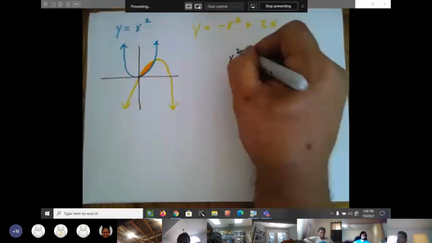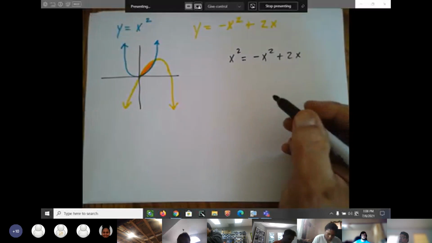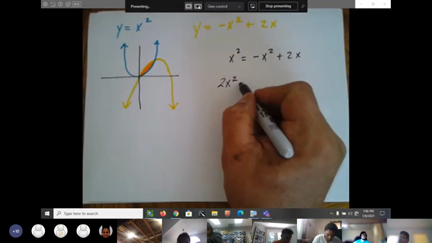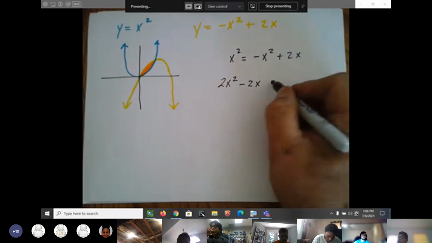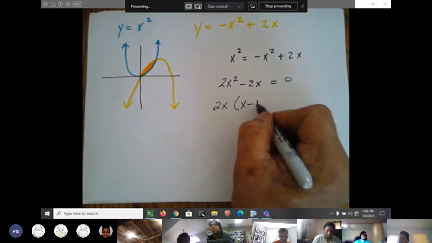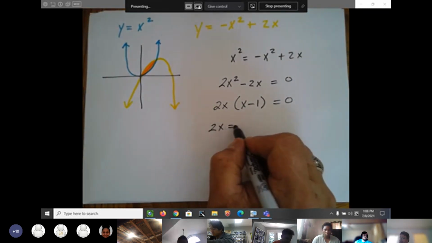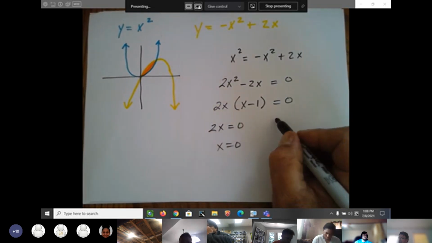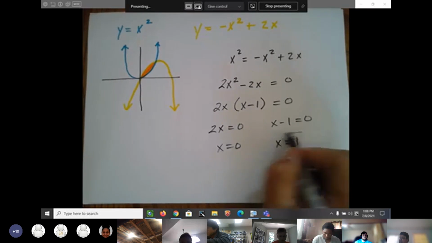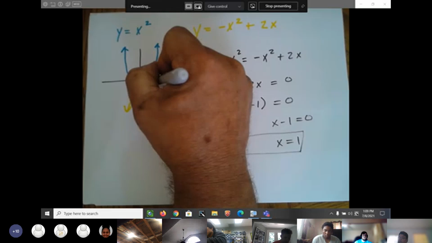So x squared is equal to negative x squared plus 2x. 2x squared minus 2x is equal to 0. 2x times x minus 1 equals 0. So 2x is equal to 0, x is equal to 0, or x minus 1. So there are your parameters, from 0 to 1.